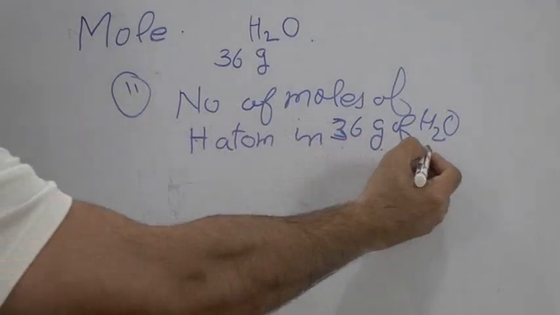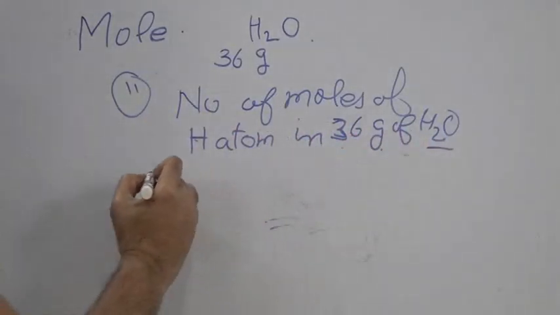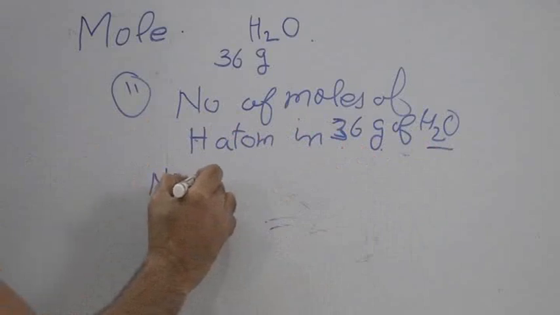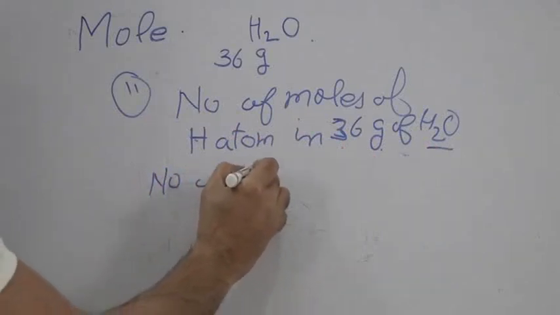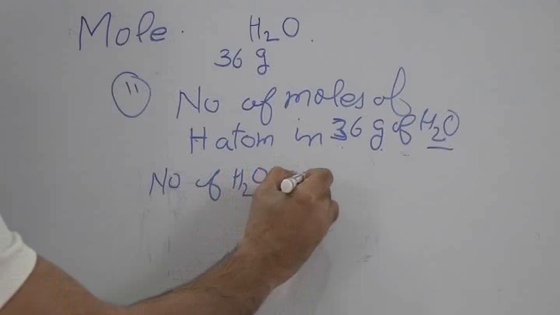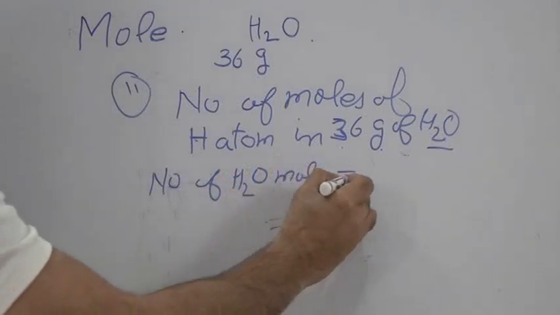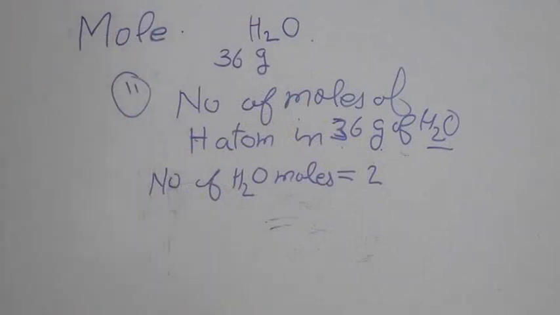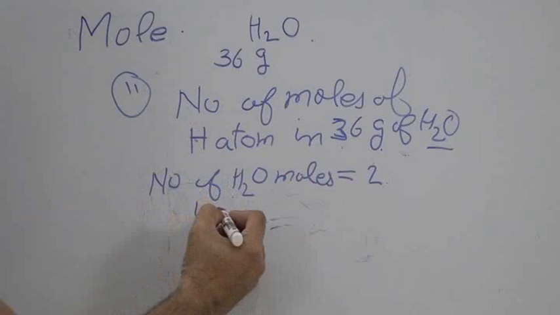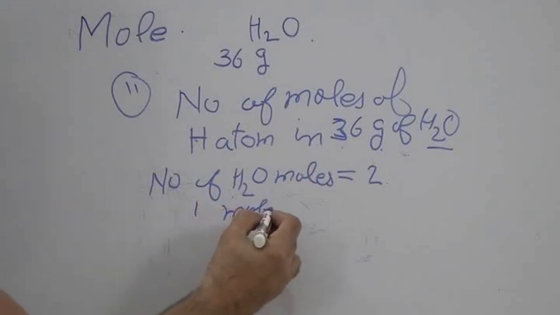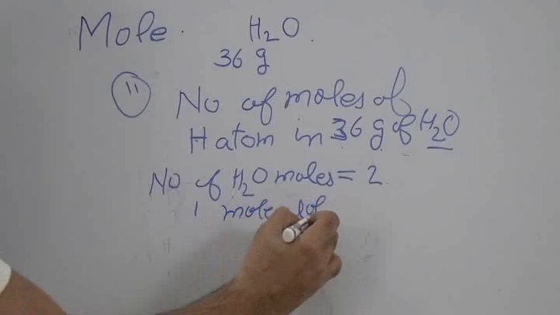That 36 gram of water contains how many H2O molecules in moles? 2 moles. We just calculated. And what we have to find now is how many moles of hydrogen atoms are there in 1 molecule of H2O.